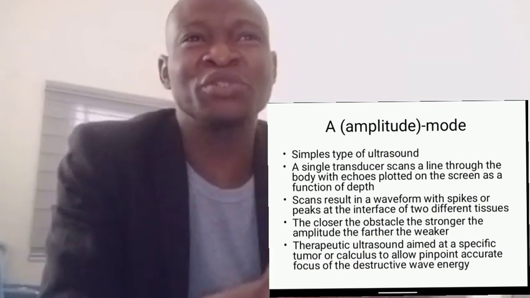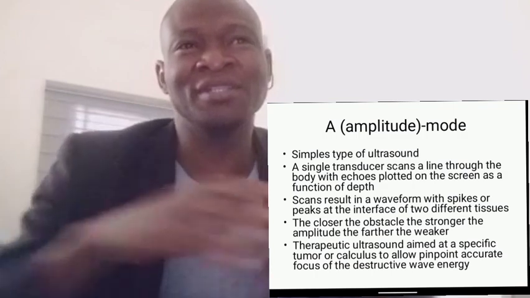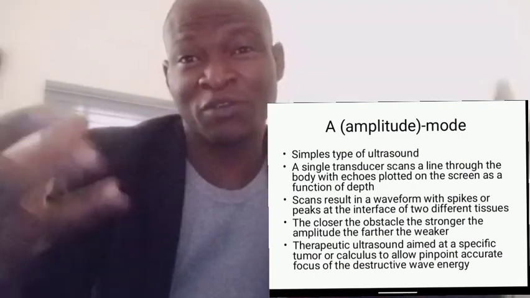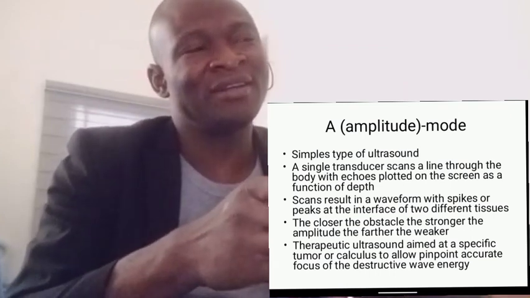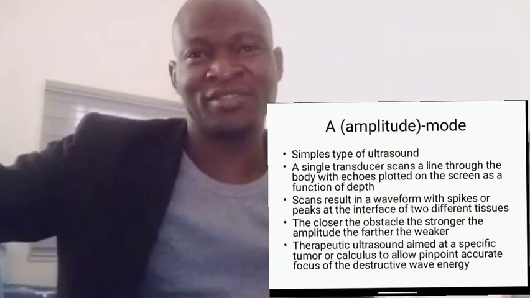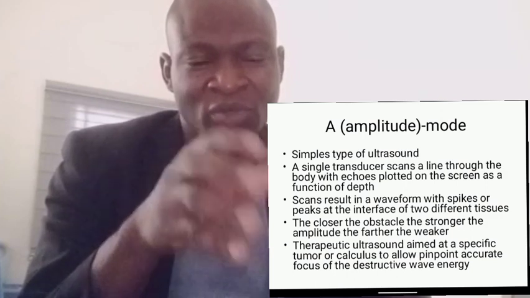In this case, a single transducer scans a line through the body with echoes being plotted on the screen as a function of depth. So it's actually echo intensity or amplitude against a time graph. But in this case, we want to see the depth and the strength on a graph.